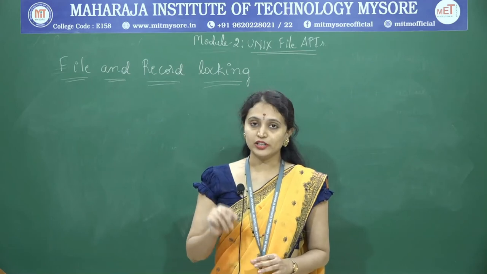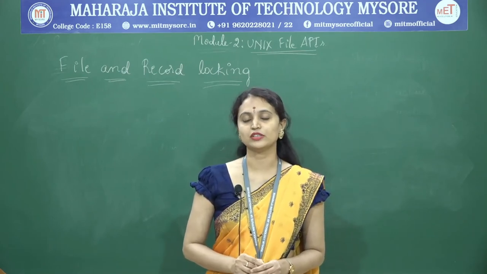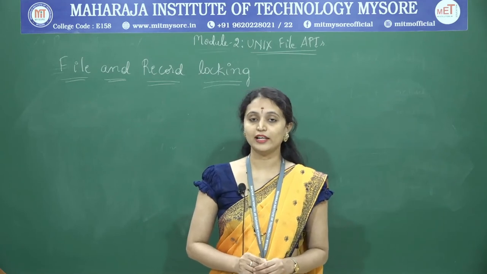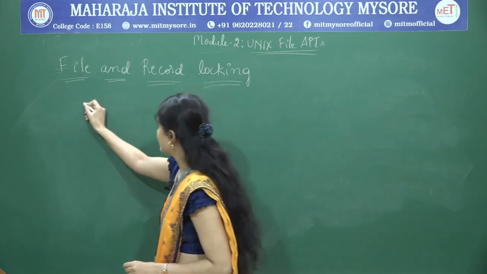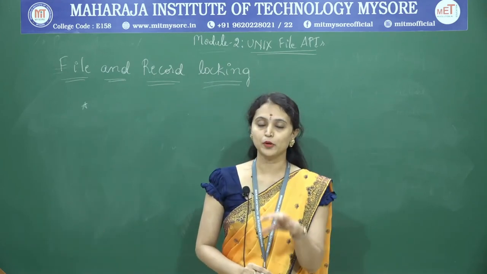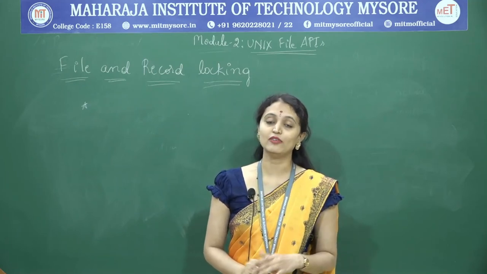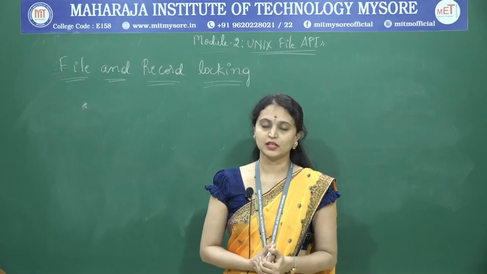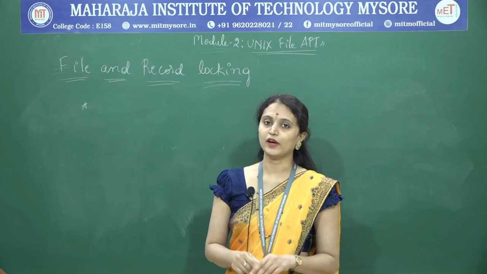Okay. So, in order to overcome this drawback, the file locking mechanism was introduced. The file locking mechanism came into the picture. With the file locking mechanism, a process can impose a lock on a particular file. So, how does the file locking mechanism work? A process can impose a lock on a particular file.